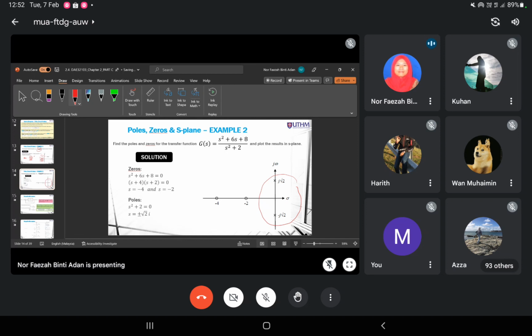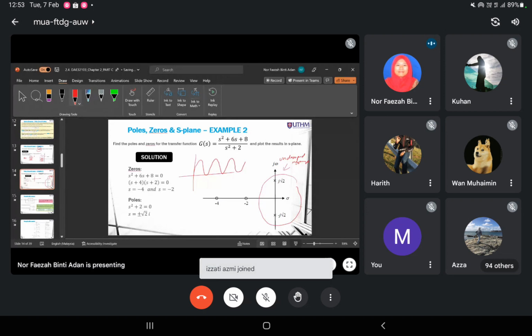So by definition any repeated poles on the imaginary axis, kalau dia saja yang ada, your system will be marginally stable. Maksud marginally stable adalah undamped response. Kalau you nampak macam ni, dia adalah undamped response. Maksudnya graf dia akan jadi macam ni tu, yang you buat dalam lab tu. It never settles down and dia punya peak value is always the same. It oscillates at the same peak value.